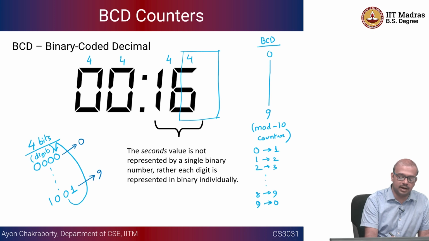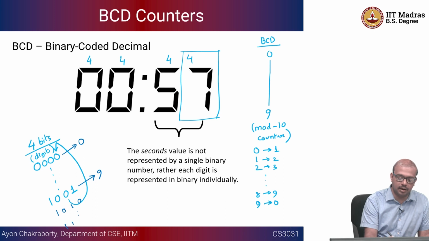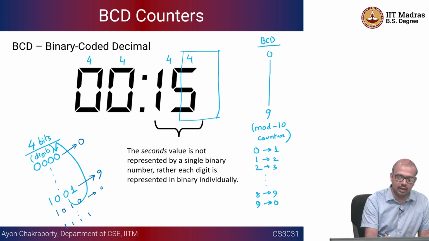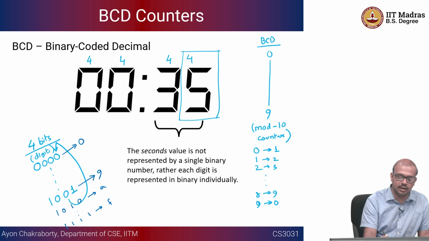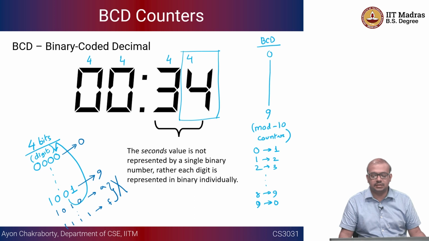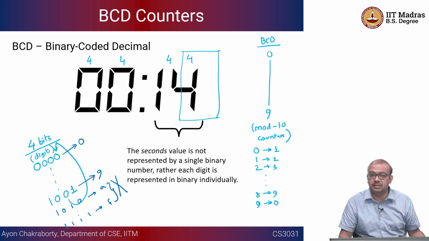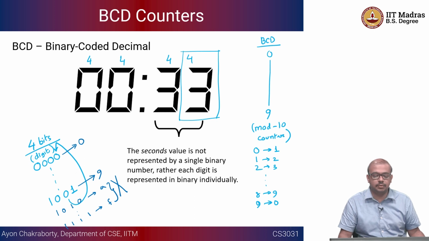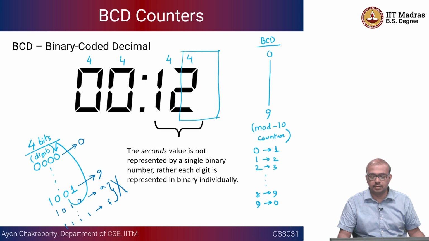Everything after that, let's say 10, 1010, to 15, 1111, that is A to F, is ignored, because those would be hexadecimal representations. We do not have any hexadecimal representation because we are talking about a decimal system. So in the decimal system, we only roll from 0 to 9. After that, it has to become 0.